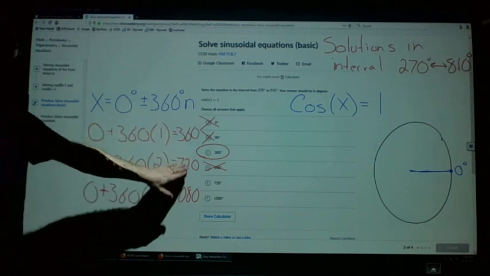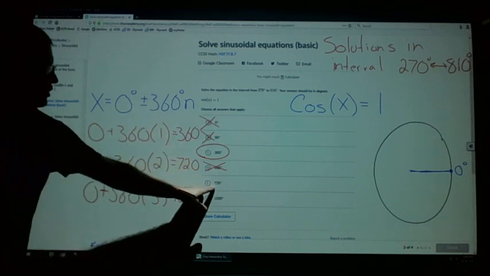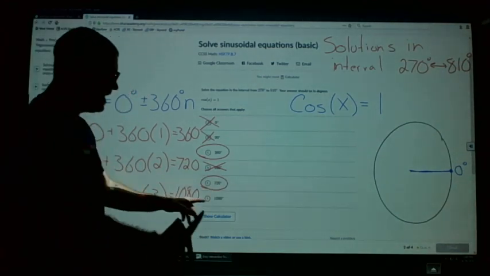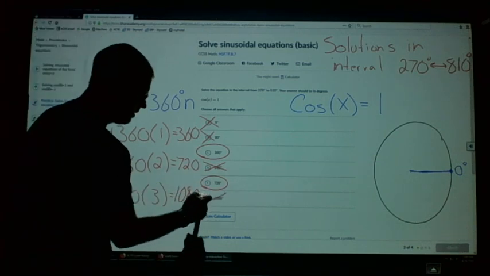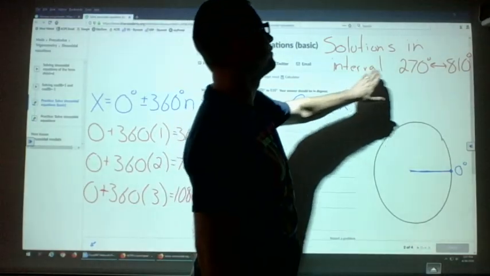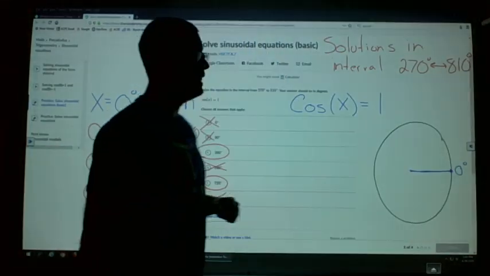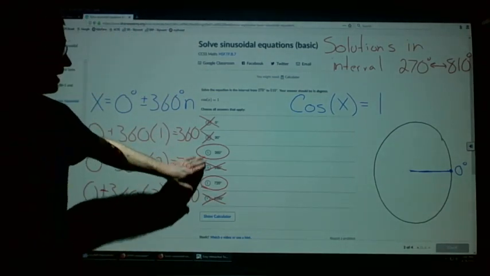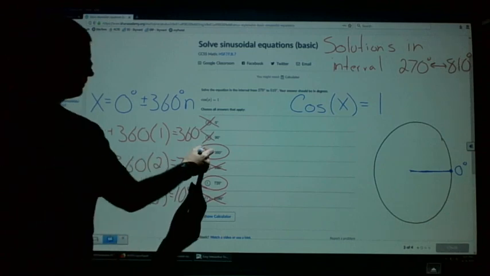The only solutions I can use are the ones generated by these lists. 720, that was there. 1080. 1080 is there, but it's not a solution because it does not satisfy the interval. 1080 is bigger than 810. So in this case, the only ones that I can select are C and E, 360 degrees and 720 degrees.